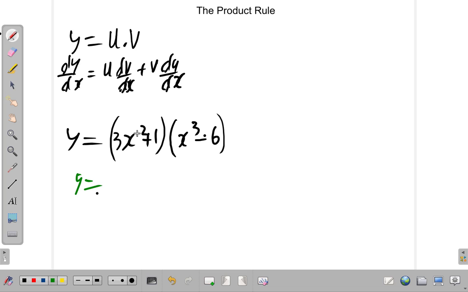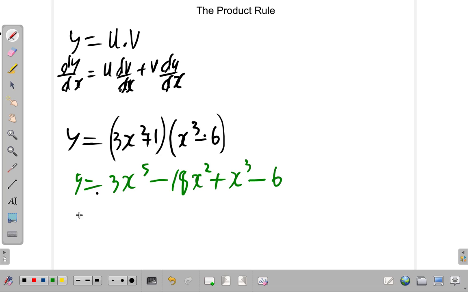Y equals 3x squared times x cubed, and that gives 3x to the 5, minus 3x squared times 6, which is 18x squared, plus 1 times x cubed is just x cubed, minus 1 times 6 is 6.